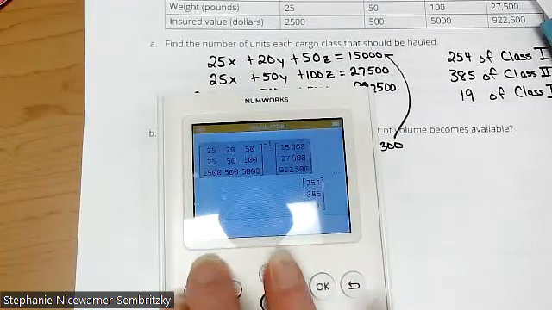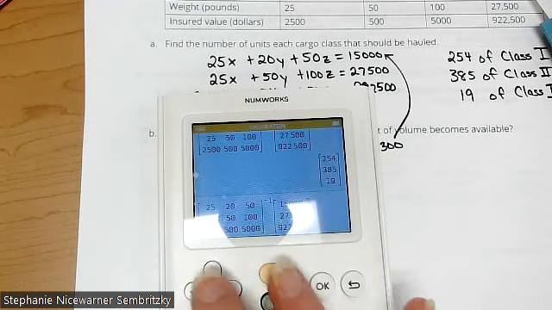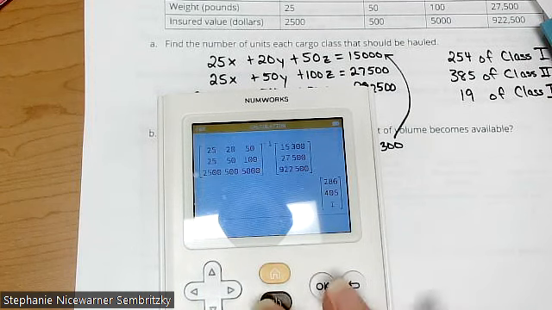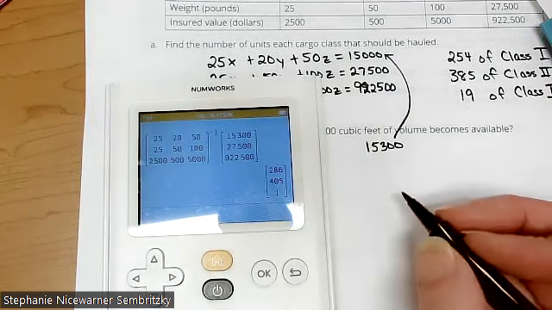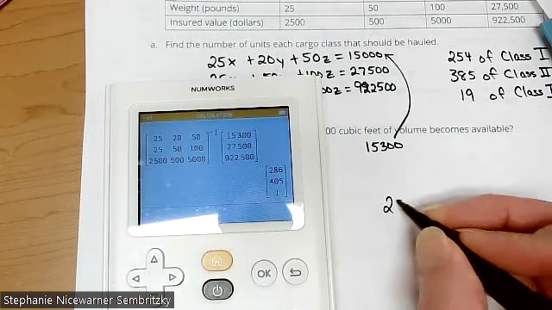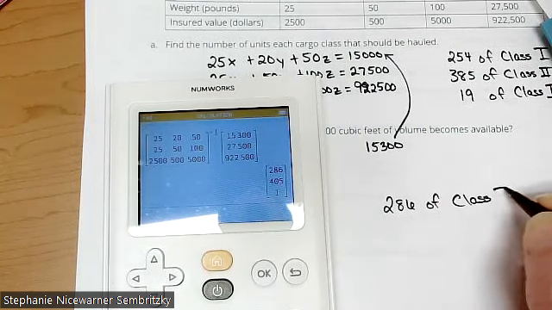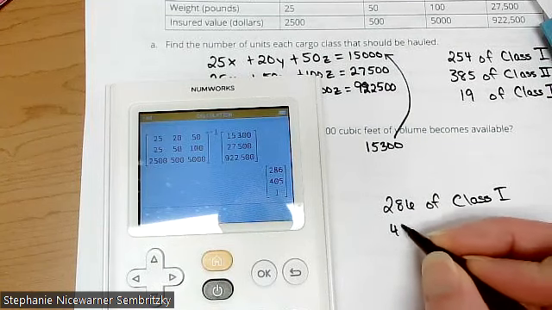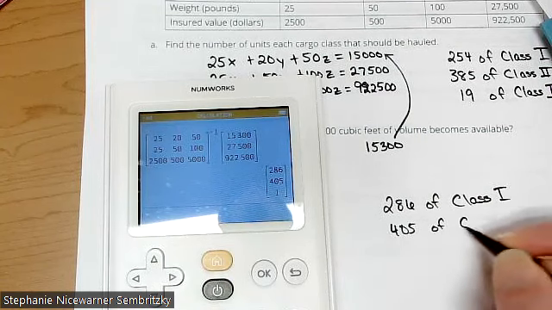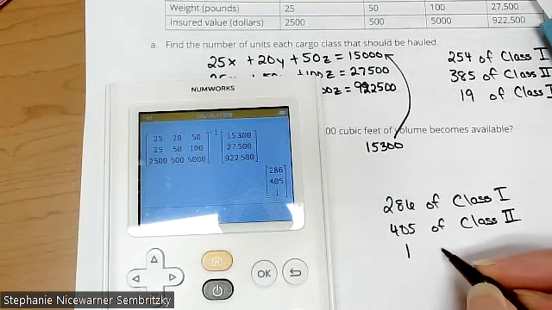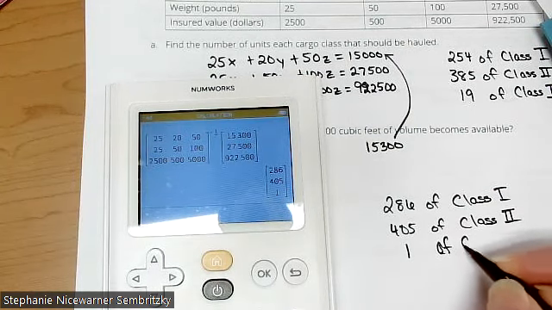So why not just copy it and change that to 15,300? If that happens, we want 286 of class 1, 405 of class 2, and 1 of class 3.